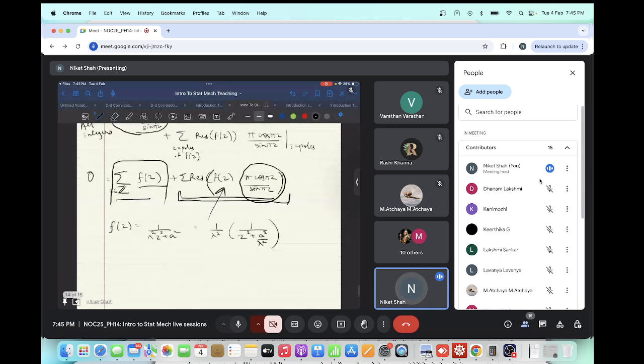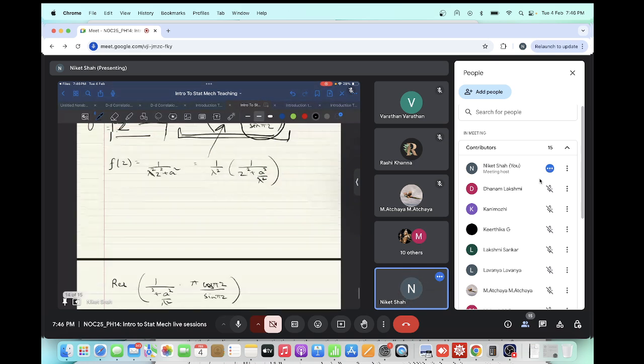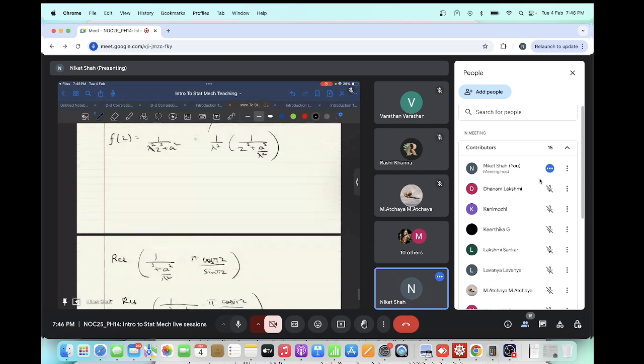So the function f of z is equal to 1 upon lambda square z square plus a square. This is my function. So I take out lambda square, z square plus a square by lambda square. So what are my poles again? My poles are z equal to plus minus I a by lambda.